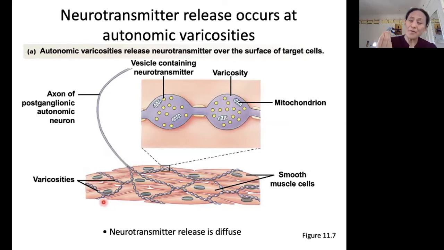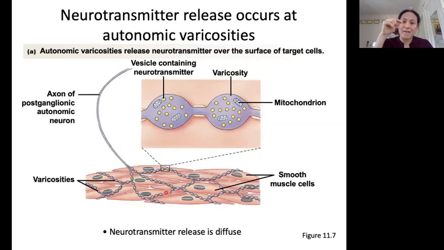If we imagine what's going to happen when we get an action potential coming down this axon, we are going to trigger neurotransmitter release at all of these varicosities. The result is basically that we're just dumping neurotransmitter all over our target.